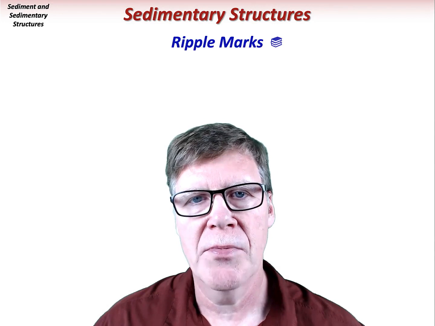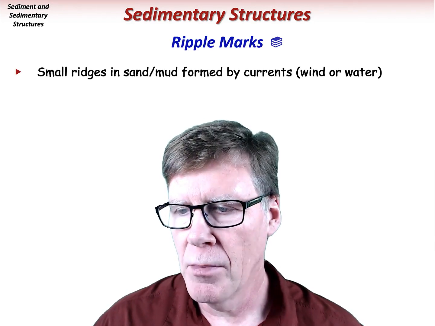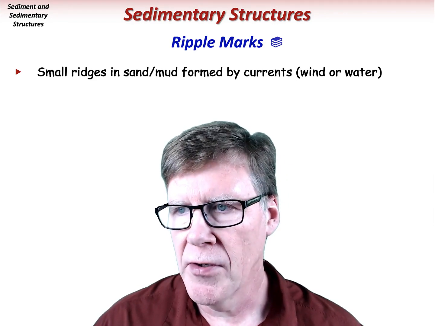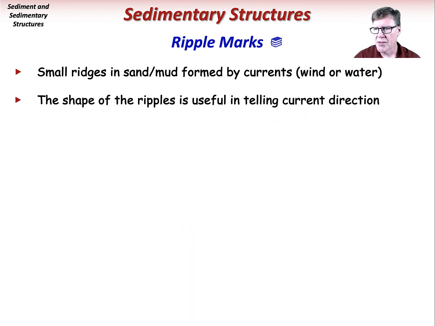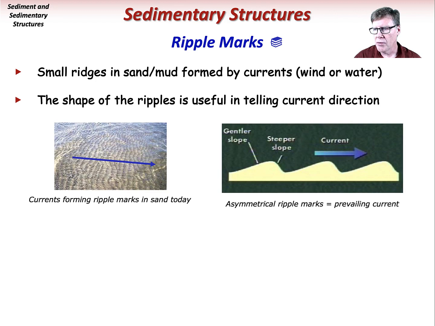Ripple marks are small ridges in fine-grained sediment, like sand or mud, that are formed by either wind or water current flow. Current ripples are easily observed forming today, and the shape of the ripples is useful in telling current direction. A current with a prevailing flow direction will form ripples that are asymmetrical in shape, with the down current side having a steeper slope.